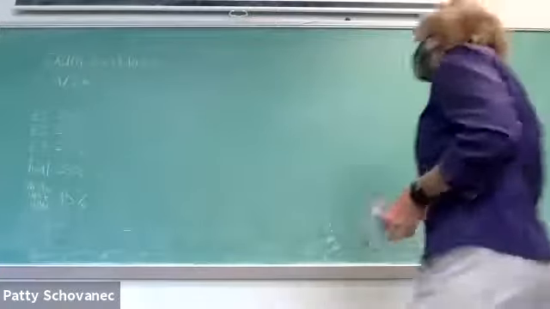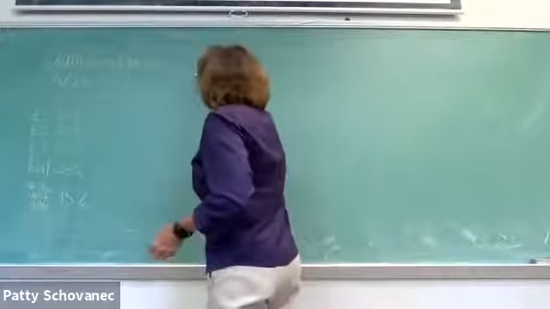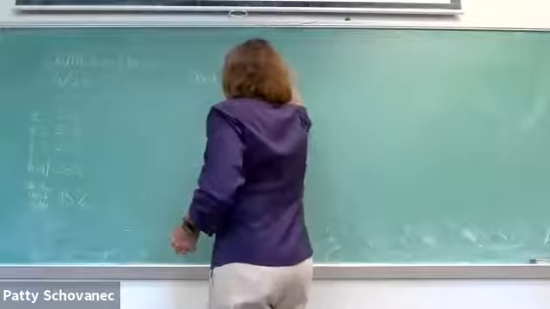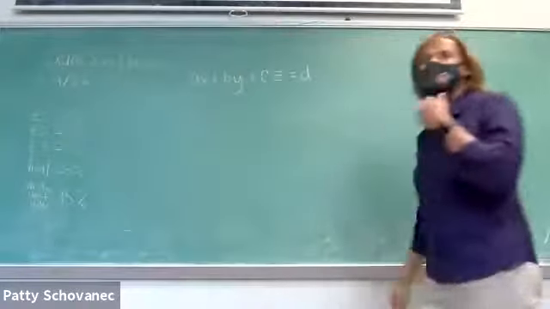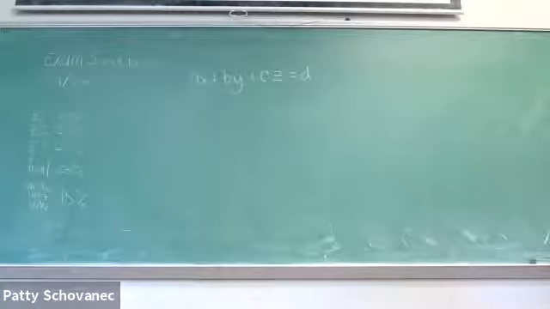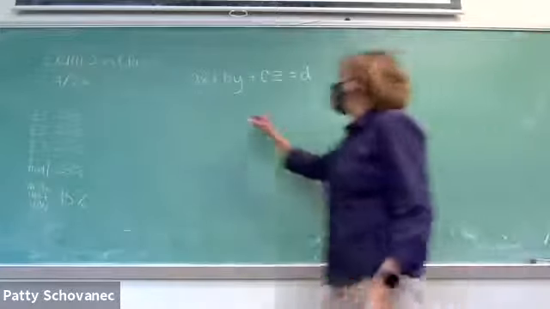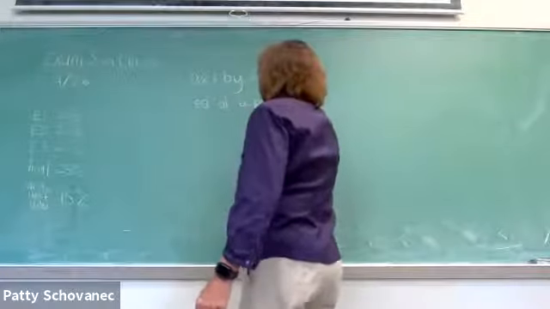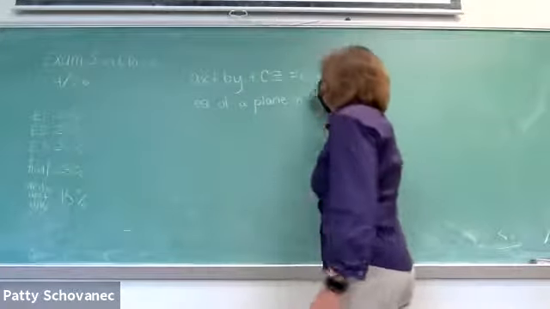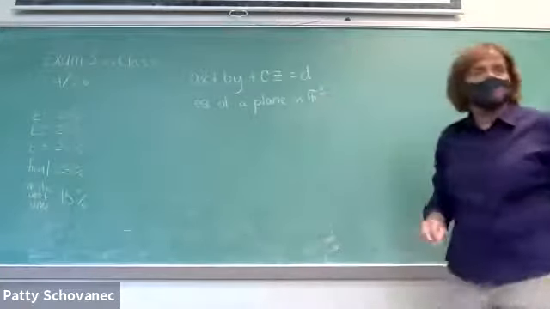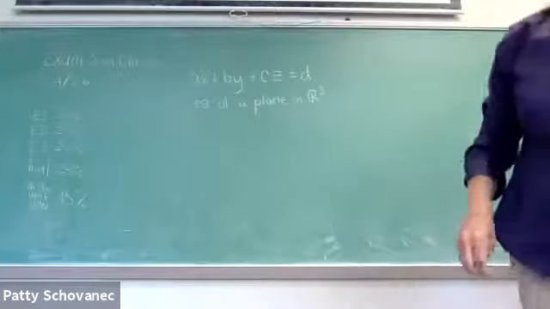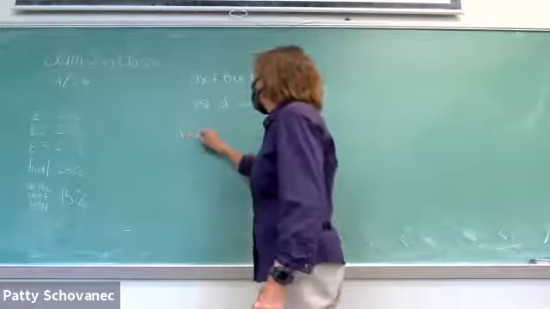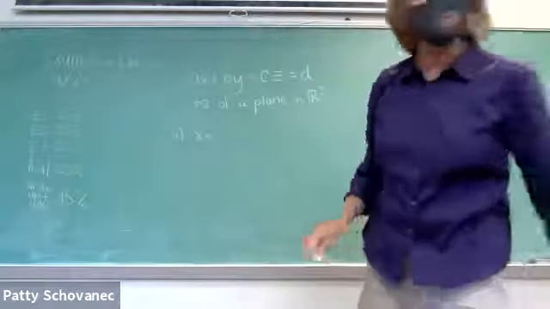So in general, an equation that looks like a times x plus b times y plus c times z is equal to d, where a, b, c and d are whole numbers, is the equation of a plane in R3. So for example, x plus 4y plus 2z is equal to 6.